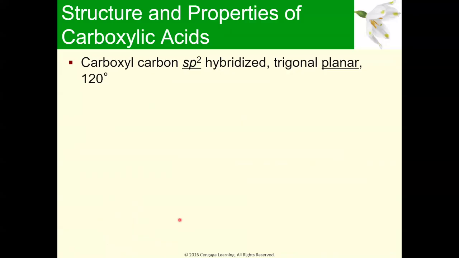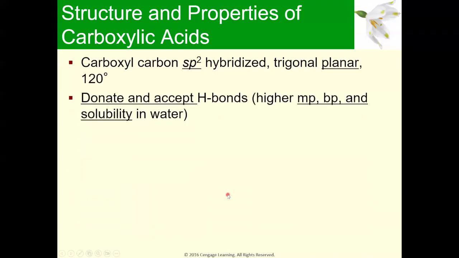Okay, some other properties of carboxylic acids that turn out to be important for their chemistry. We'll go back to this idea of the geometry, which is based on the hybridization. So carboxylic acids involve an sp2 hybridized carbon, which means it's trigonal planar and therefore has an ideal bond angle of 120 degrees.